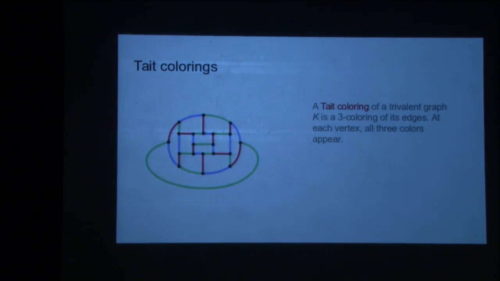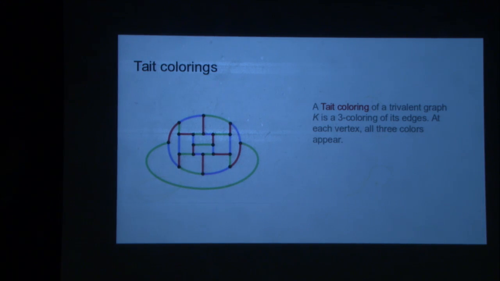So going back to the 19th century, Peter Guthrie Tait thought about the four-color theorem and happened upon the following idea. We now call this a Tait coloring. A Tait coloring is a coloring of the edges of a graph with three colors. So it's a trivalent graph. We use red, green, and blue here.